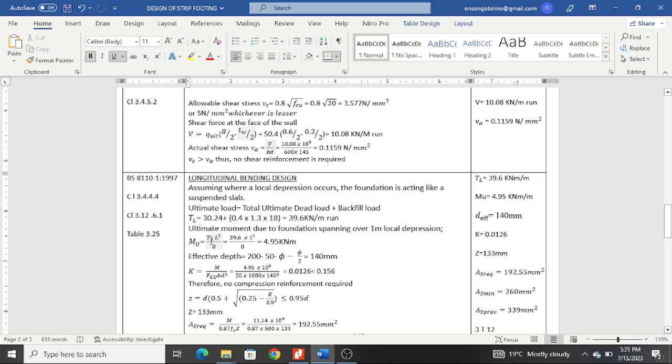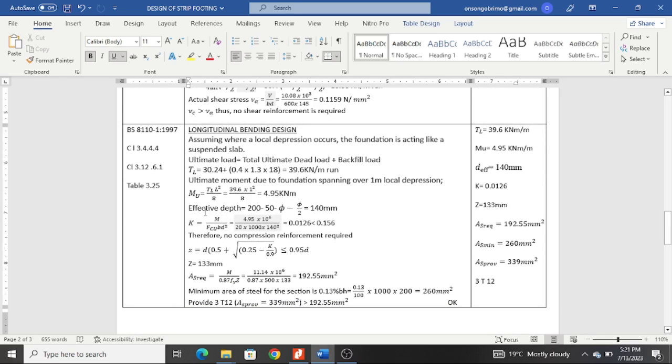And this you do as the load multiplied by the length squared over 8, and this is basically from theory of structures. You have determined how to do maximum moments for simply supported sections. So this gives you 4.95 kilonewton meters as the moment.